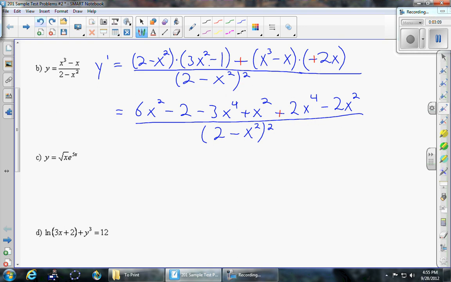Whereas upstairs, it looks worse than it did before, but some of these terms will combine, so at least something positive will happen. So I'm going to grab the x to the fourth terms first. So that one, and we put them together, and it looks like we have a negative x to the fourth. And then I'll grab the x squared terms, that one, and that one. And I think that's a plus 4. Oh, almost missed one.